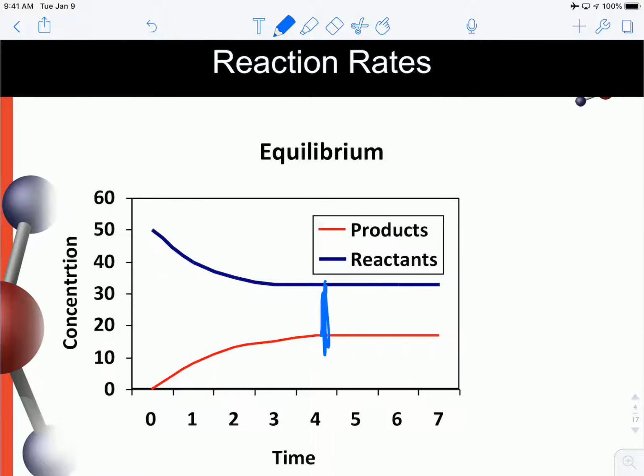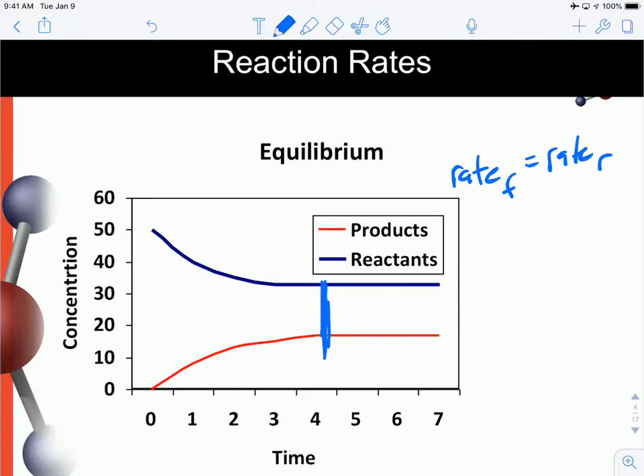So maybe right about here, we reach equilibrium. There's no longer a change in concentration. What is happening here is the forward rate, which I'll call rate sub F, is equal to the reverse rate of the reaction. The rates are now equal.